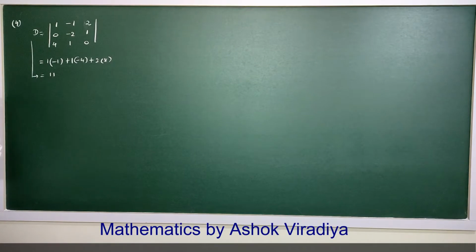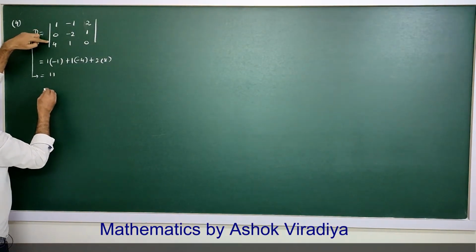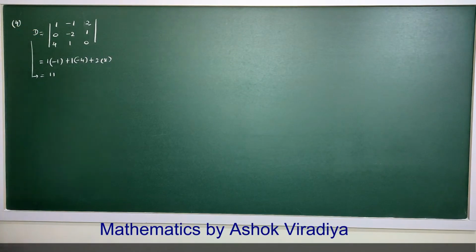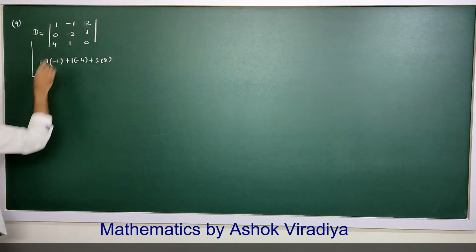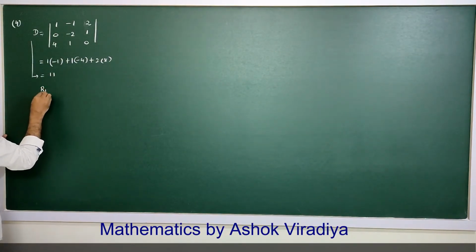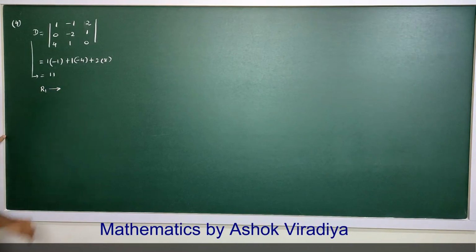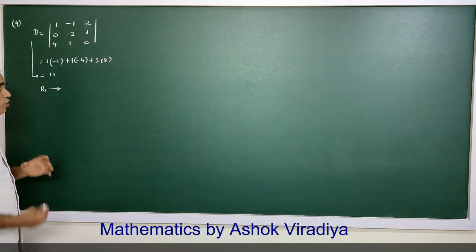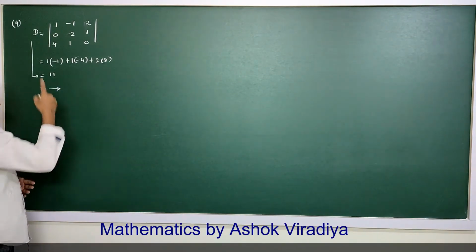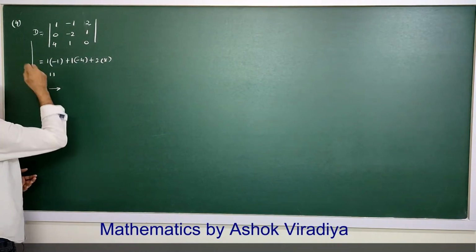Now what do we do? Suppose I select any one row or any one column. Suppose we select row 1. Now what do we do in row 1? Multiplying the elements of row 1 by some number. Suppose I multiply by 3.